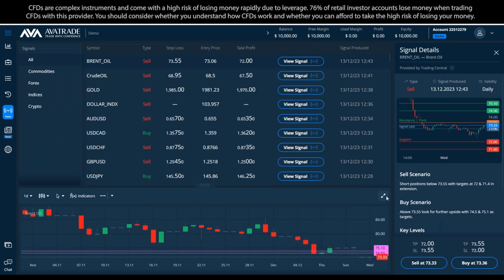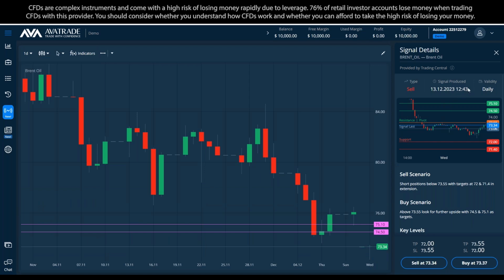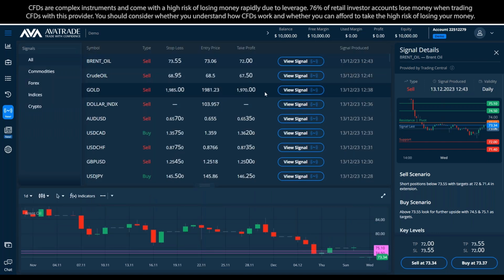Because there is also something we must notice, which is the signal's production time. You see when it was produced, those numbers are for the levels that we had in here, right? But it already moved. This is why some signals are not going to be available anymore. You're going to go down the list and you're going to see a signal already expired.